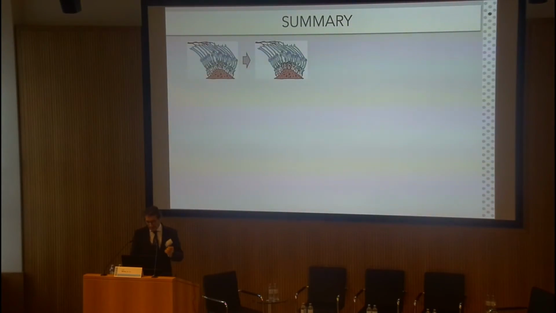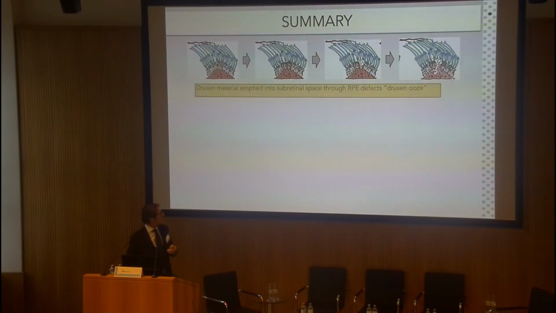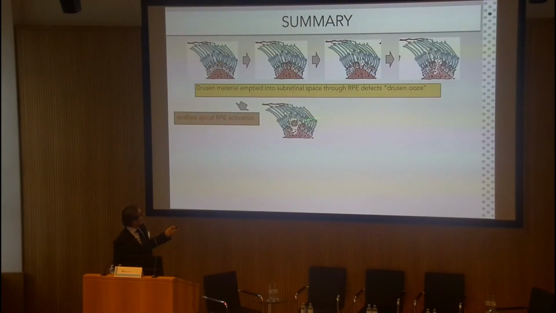So in summary, this hypothesis is not the primary cause of RPE damage, no question, but whenever the disease causes RPE cell loss, drusen material may extrude superiorly, and we call it drusen ooze. These might activate the apical side, trying to protect photoreceptors, to protect the environment.